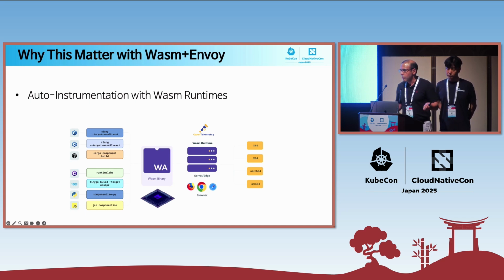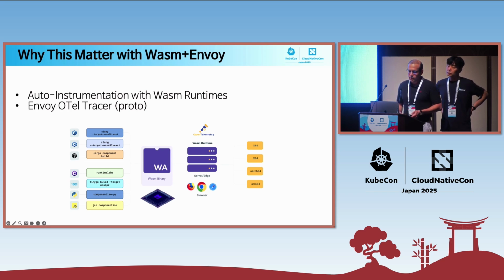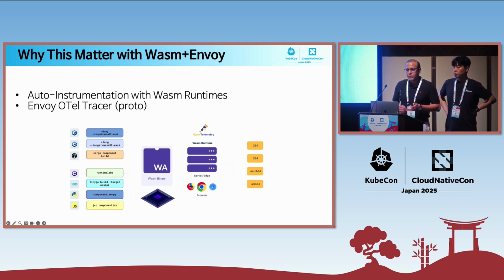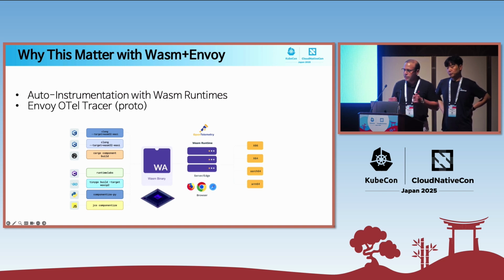Not all the metrics you're looking for, but you get some level of visibility out of the box with Wasm runtimes. There is some ongoing effort with the Envoy project for the OTel tracer. However, it's still a prototype. If you're going to implement it right now, do it at your own risk. It might break your application. But it's still work in progress.